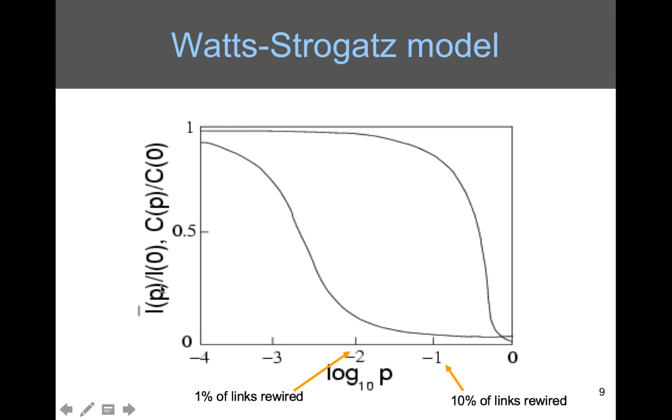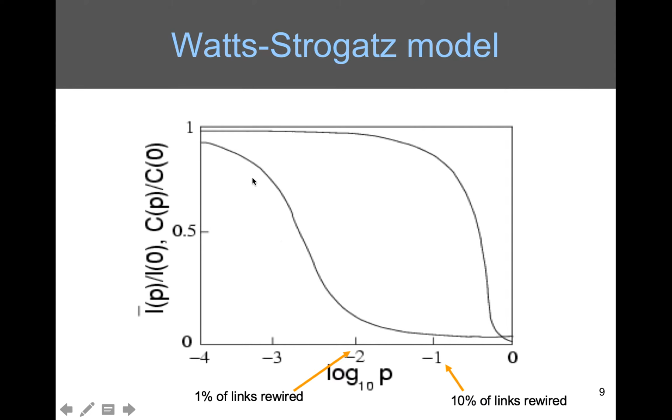One is the ratio of the shortest path length. The other is the ratio of the clustering coefficient with respect to where you started out. So initially, both start with a certain value, and then as you start rewiring, these values change, and you're tracking it. The top graph is the clustering coefficient. The bottom graph is the shortest path length.